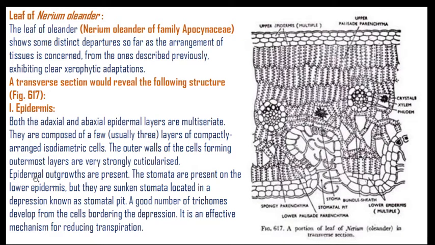Then the epidermal outgrowths are like stomata and trichomes. This stomata type is a sunken stomata, which is located in a depression known as a stomatal pit. The depression is a small, slightly deep groove, and the stomata found in it is called a sunken stomata.